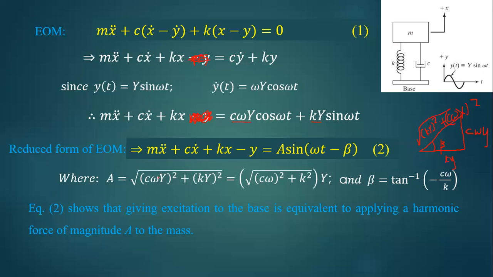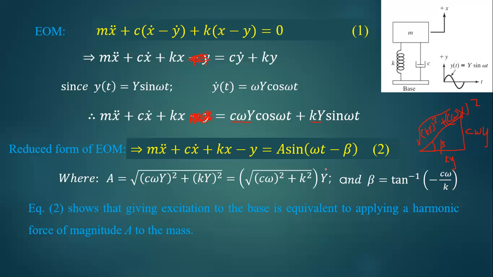So the hypotenuse is the square root of (c omega) squared plus k squared, times Y, because Y is common. And beta is equal to tan inverse of c omega over k. Sorry, this w implies what I'm saying: w is the frequency, that is omega, not w. So this is the representation for this component.